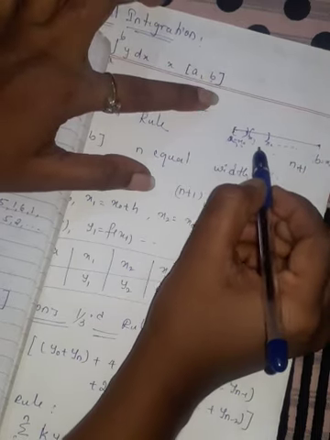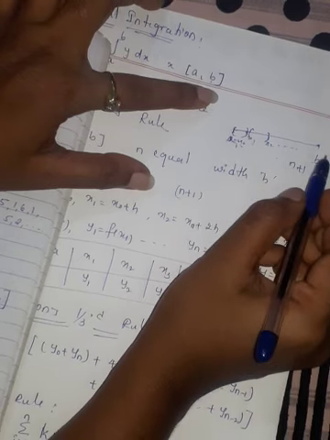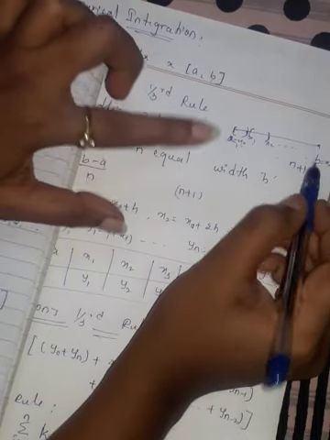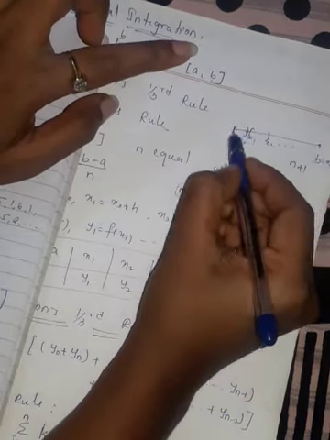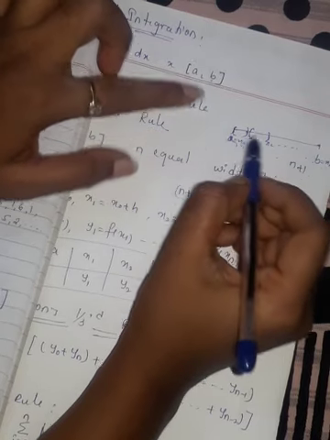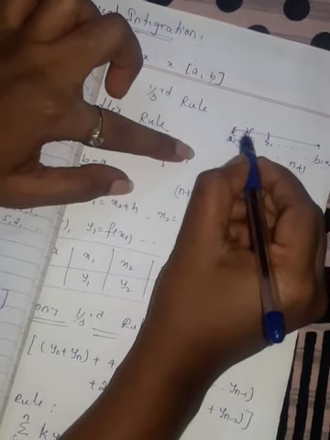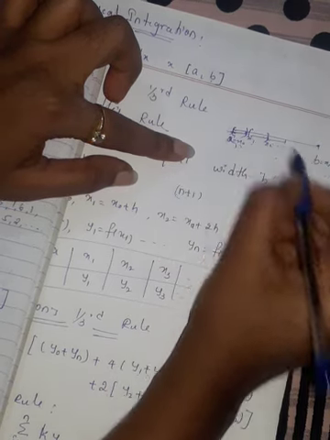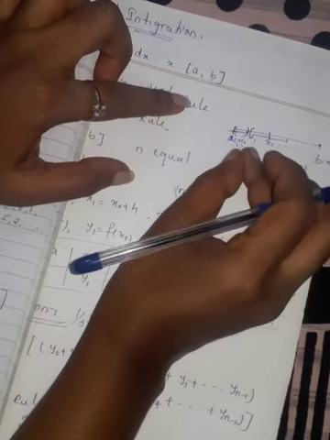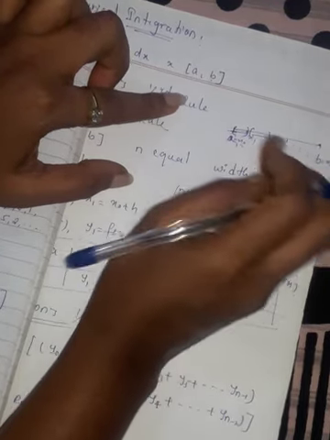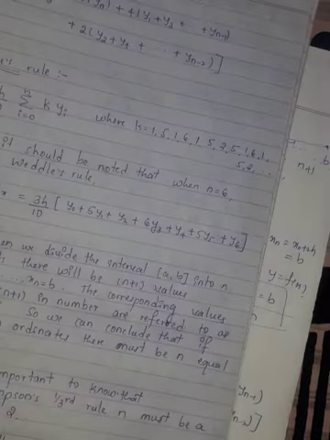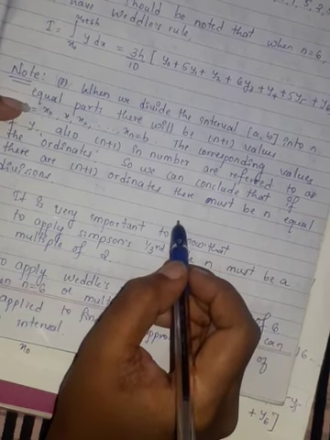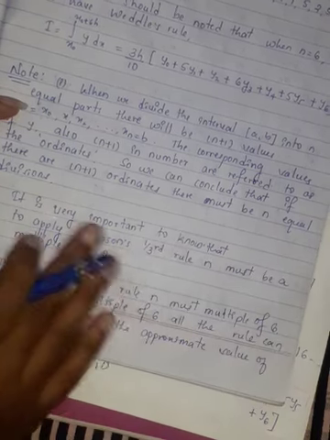So the points are ordinates, and the parts are x0 to x1, x1 to x2, x2 to x3, each one part. The points x0, x1, x2 up to xn are the ordinates. So we can conclude that if there are n plus 1 ordinates, there must be n equal parts.